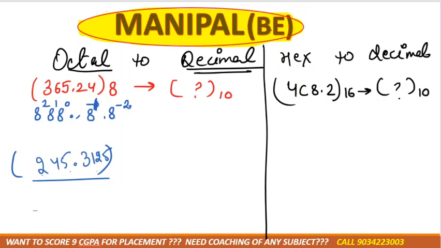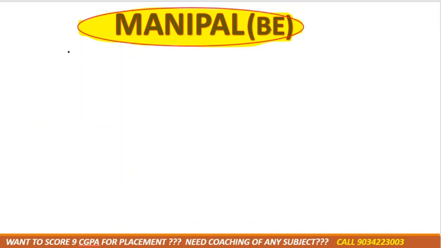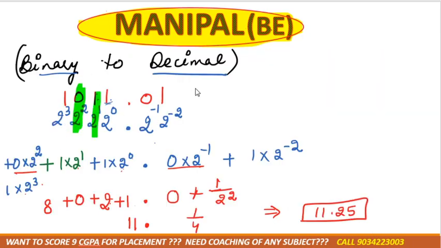Again you do it like this: 16 raised to power 0, 16 raised to power 1, 16 raised to power 2, and after the point, 16 raised to power minus 1. Now solve it and then tell me the value. The answer for this is 1224.125. Now next we are going to study, as till now we have studied how we convert other numbers to the decimal number.